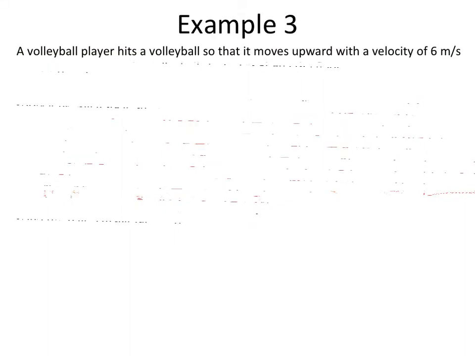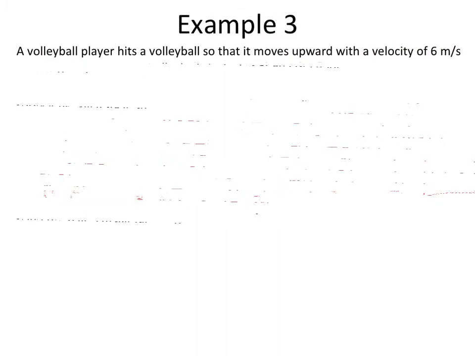So that is an assumption we can make at the maximum height right there. What else is true? Well, we know the initial velocity, that's 6 meters per second, coming off the person's hand. We know the acceleration, that's negative 9.81 meters per second squared. And we don't know the time, but that's okay.